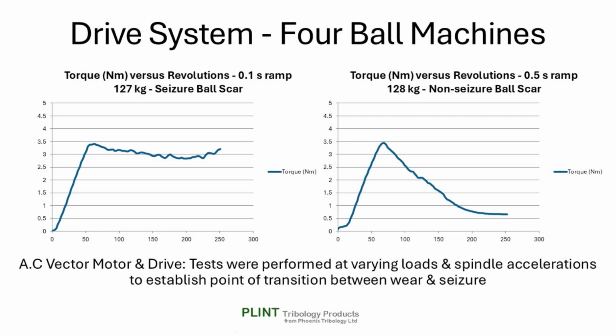Tests were performed at varying loads and spindle accelerations to establish the point of transition between wear and seizure. Data for 2 different acceleration tests, 0.1 seconds and 0.5 seconds, are given here. The faster the acceleration, the more severe the test.